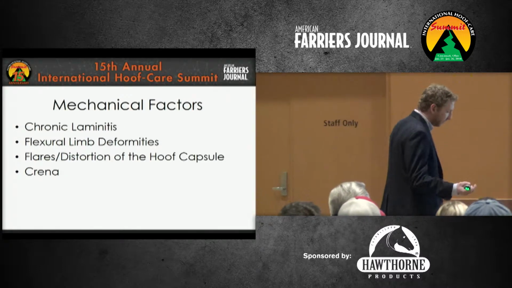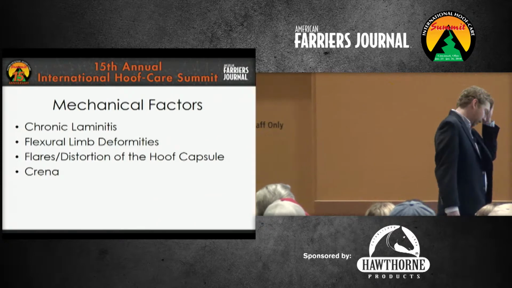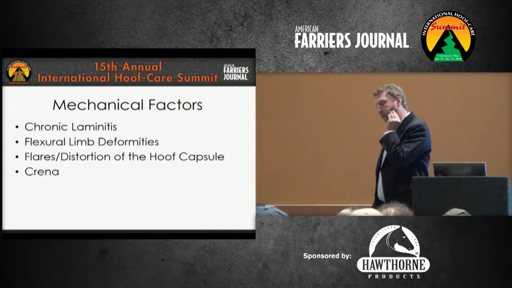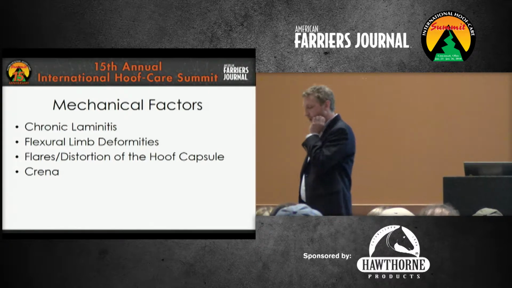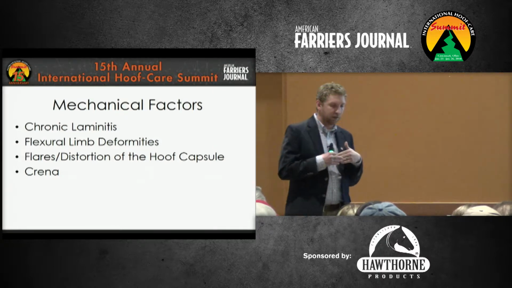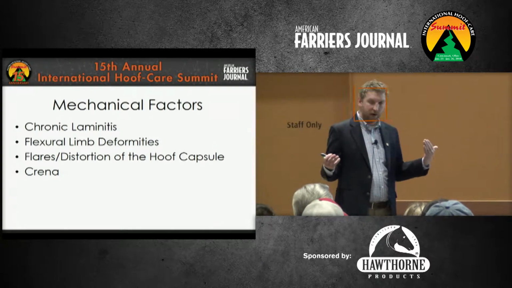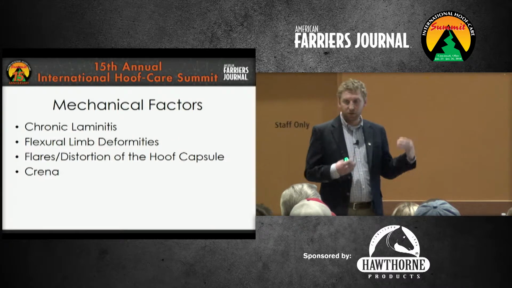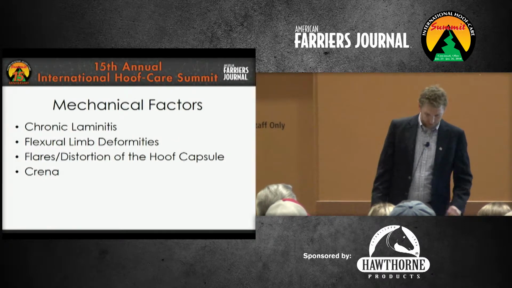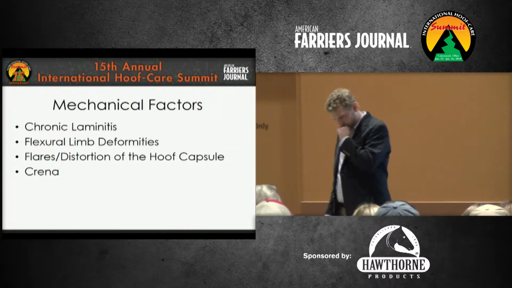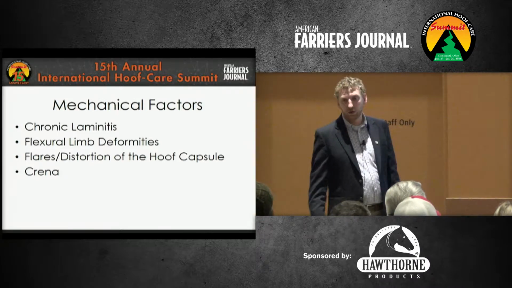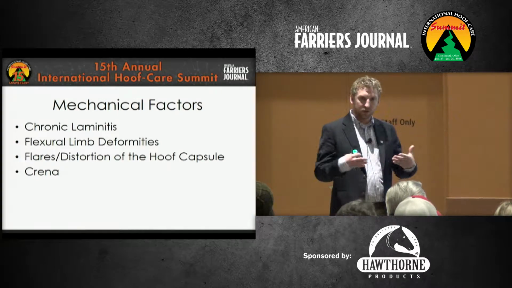Some of the mechanical factors that are thought to predispose or allow the horse to succumb to white line disease would be chronic laminitis. So again, a malformed, misshapen dorsal hoof wall. The laminar wedge is very similar to non-pigmented stratum medium, so it's often affected by these microbes. Flexural limb deformities, so again, the little clubfoot horse, very similar to a chronic laminitic from the forces that are placed on it, the prying at the toe.